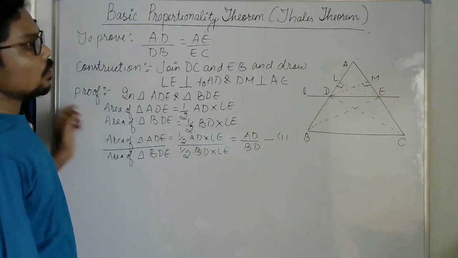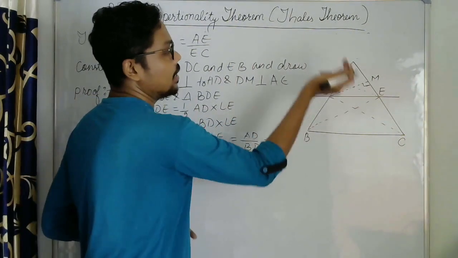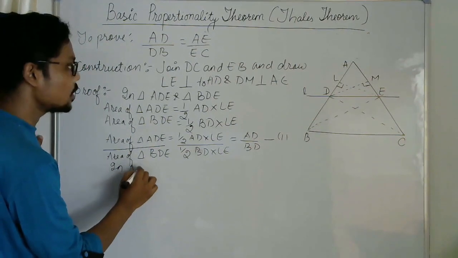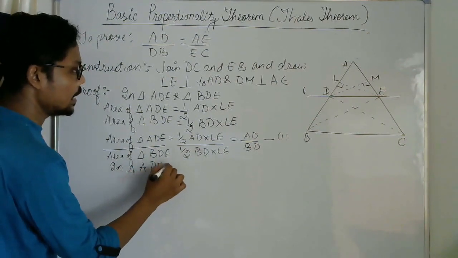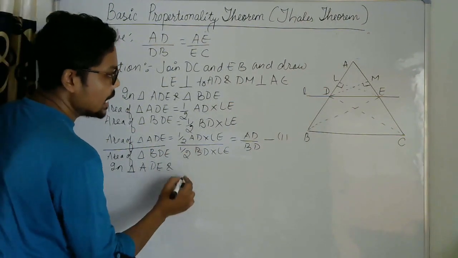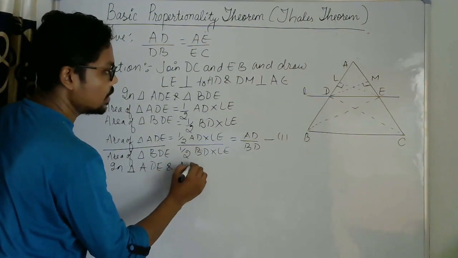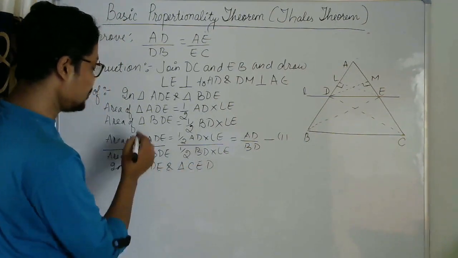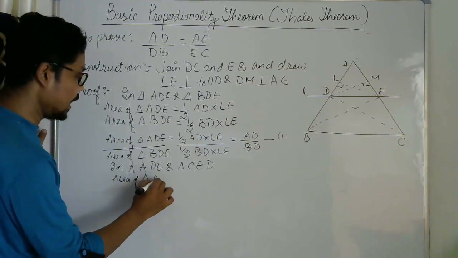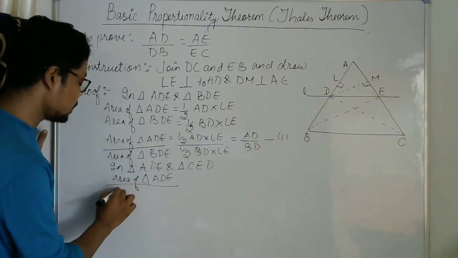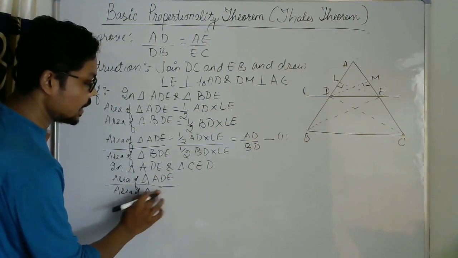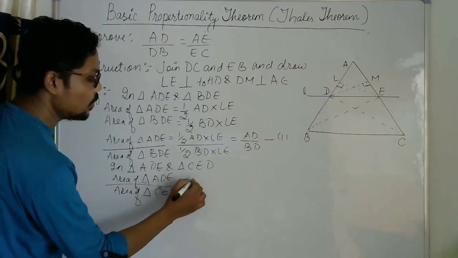The same way, we would like to find from triangle ADE and triangle CED. So the same way we get the area of triangle ADE by the area of triangle CED, which will be half base.